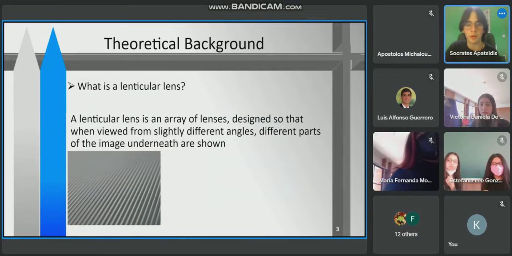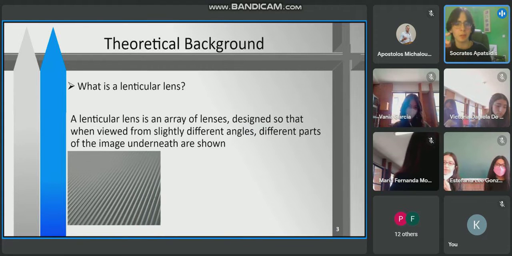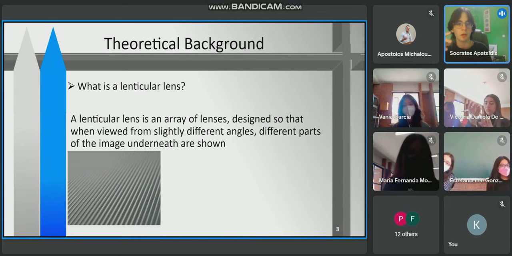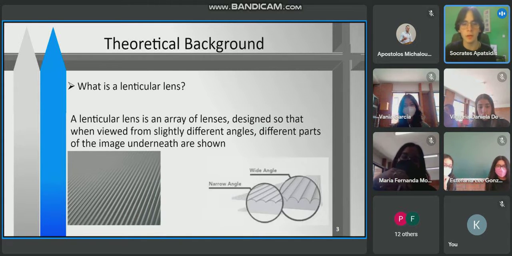Before I begin, maybe we should mention what a lenticular lens is in general. It is basically an array of lenses designed in a way that when they are viewed from different angles, different parts of the image underneath the lenses are shown.